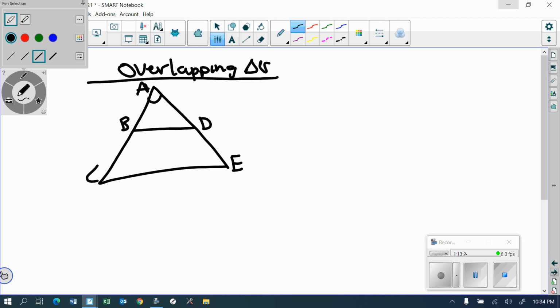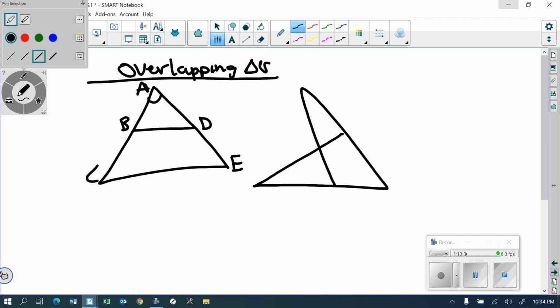But another example of overlapping triangles that you could see in a proof would be like this. And you'd be talking about this triangle right there being congruent to this triangle right here. Okay, and then this angle, if we call it angle A, is in both triangles. That's one where you say angle A is congruent to itself, reflexive property.